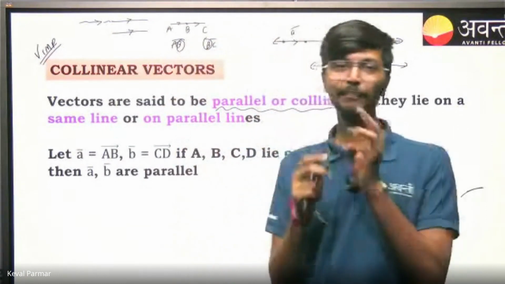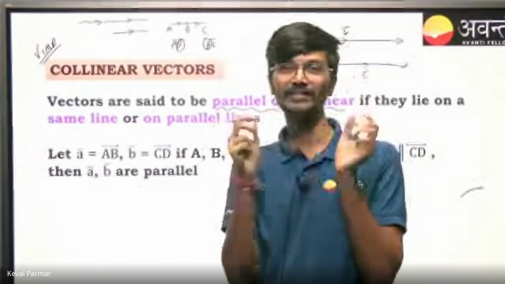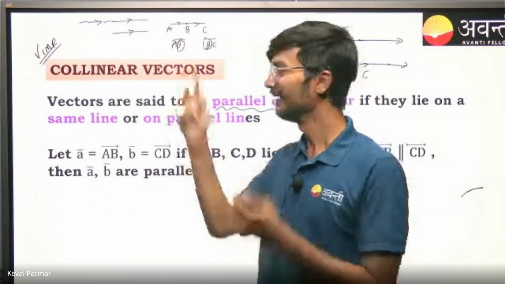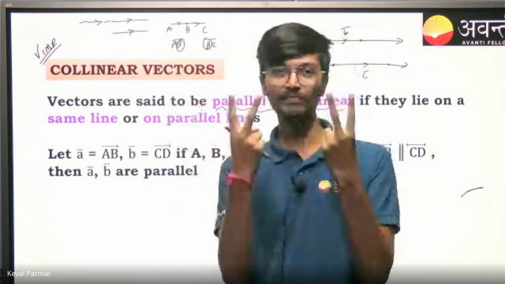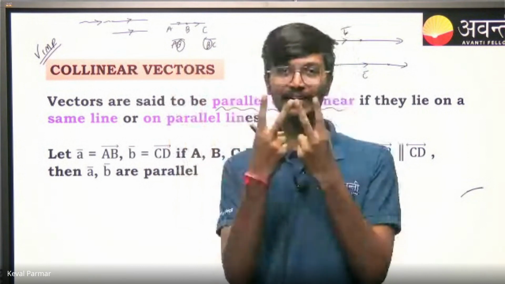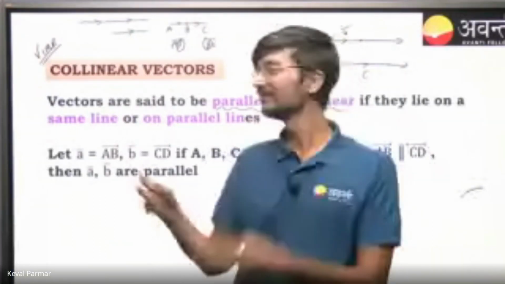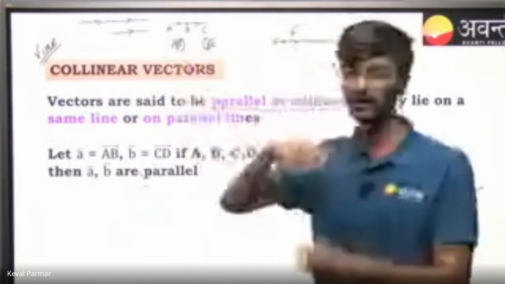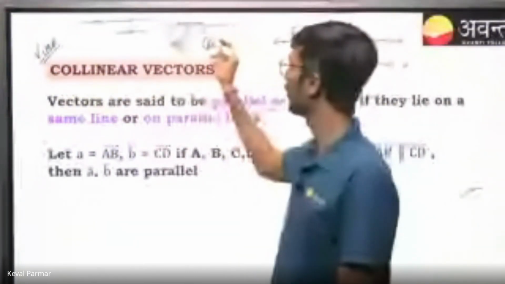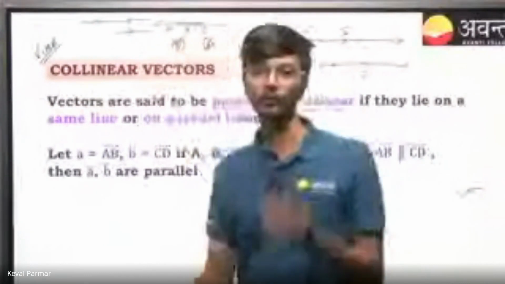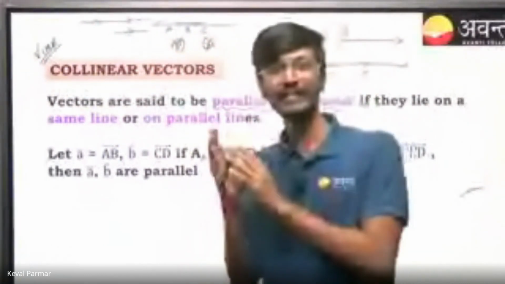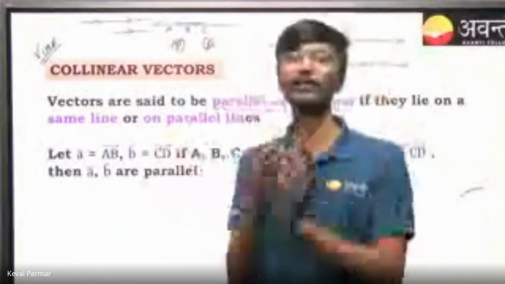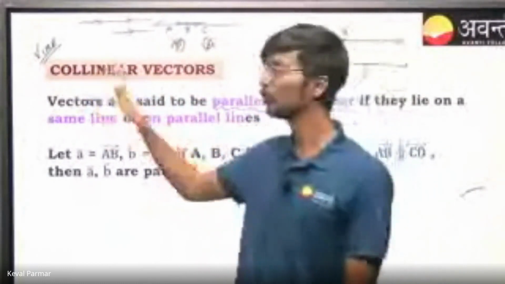For three points to be collinear, they need to lie on the same line. AB bar and BC bar are collinear and B is the common point, so points A, B, C are collinear. That means points A, B, C lie on the same straight line. So collinearity of three points can also be proved by using collinear vectors.